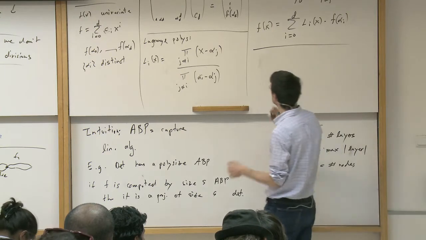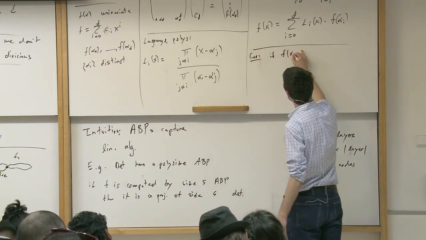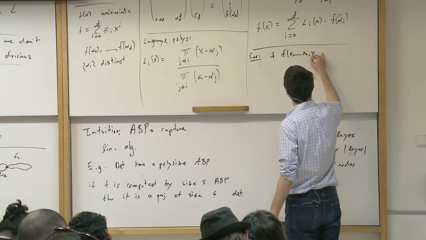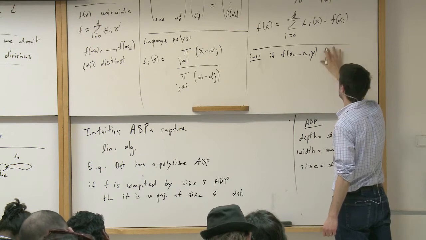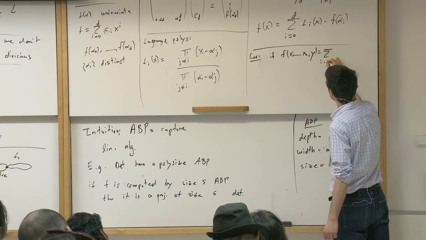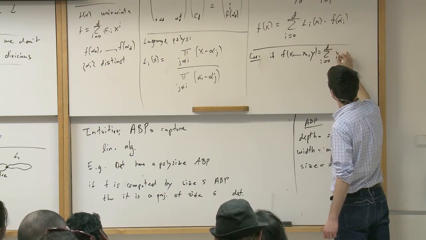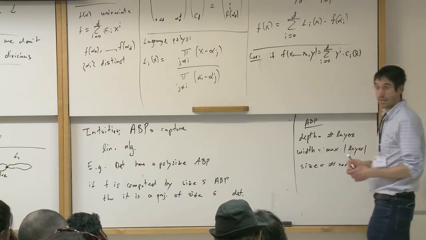So let me write it again, as a corollary. Let f of x1 up to xn, with a variable y, be the summation, i from 0 to d, of y to the i times some coefficient, but that coefficient is some polynomial in x.